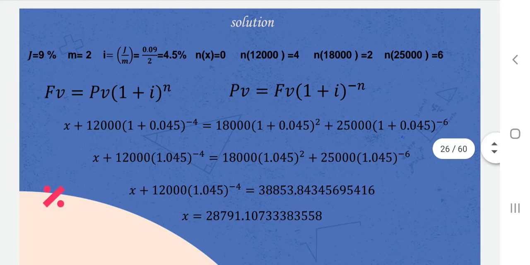X plus present value for $12,000 with a power of -4 equal the amount of $18,000 with N equal 2 plus the present value for $25,000 with a power of -n, which is equal -6. By substituting, you can get X, which is equal 28,791.